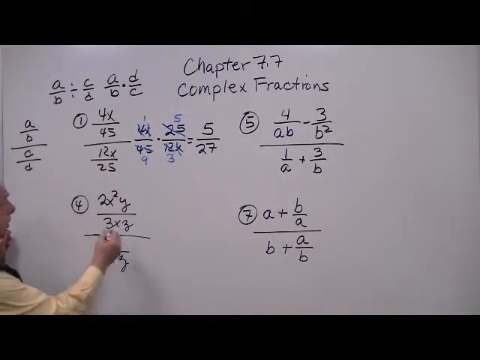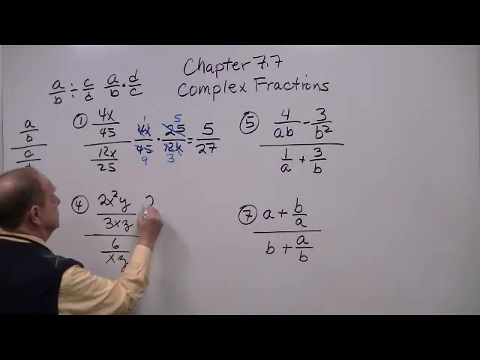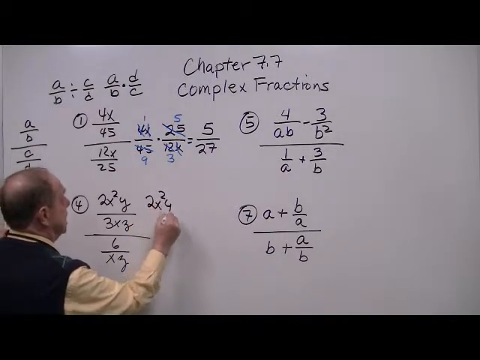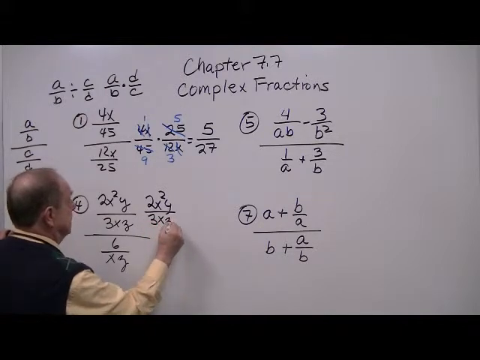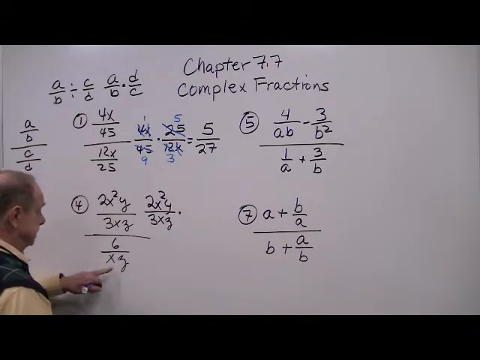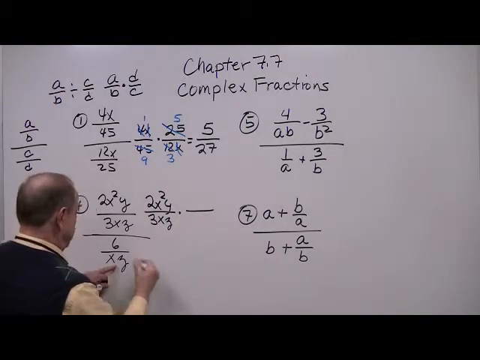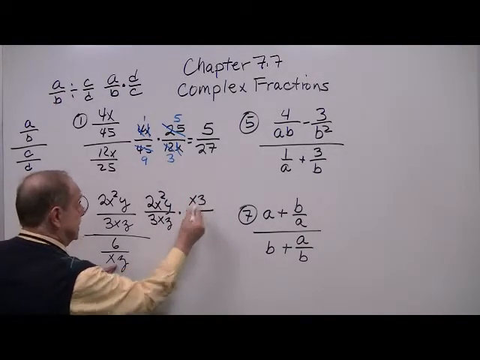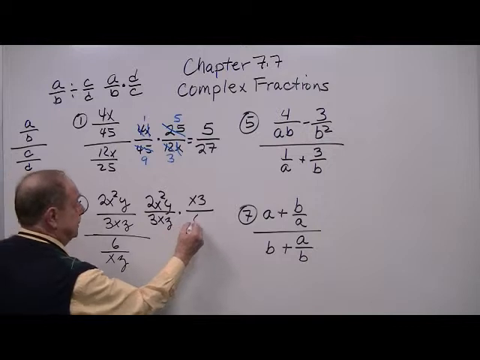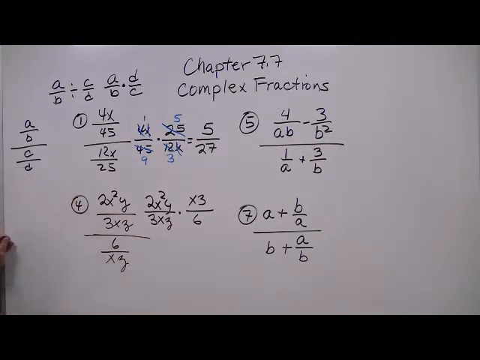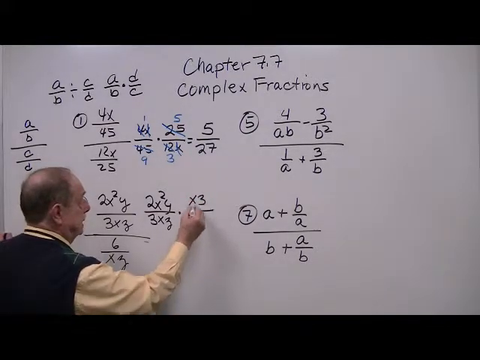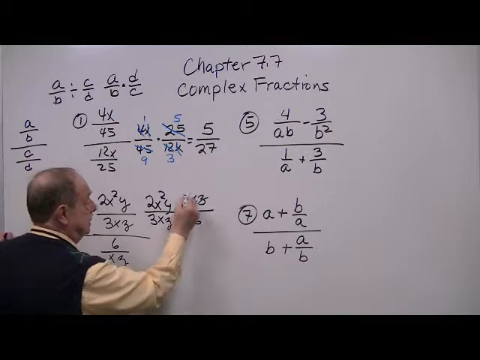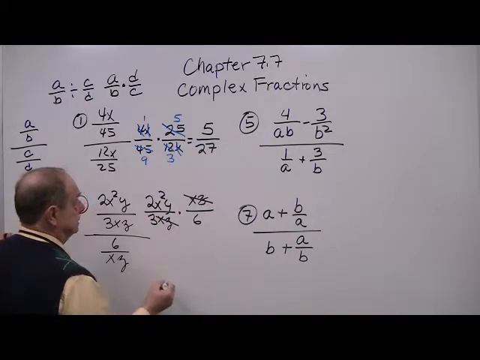So as we rewrite this one, this is going to be 2x squared y over 3xz times, now the xz goes on top as we flip it, and it's just then a multiplication problem. That's a z, so these will cancel out.